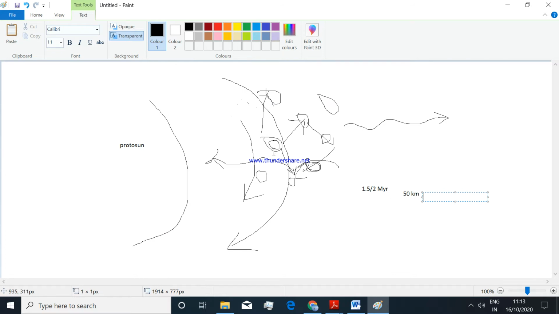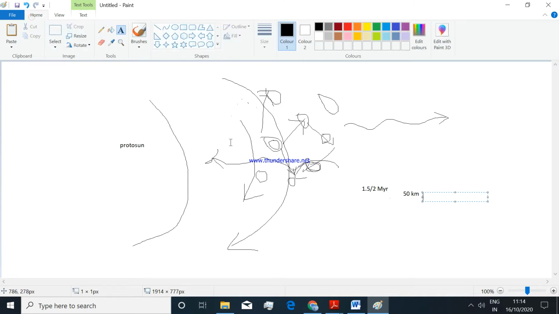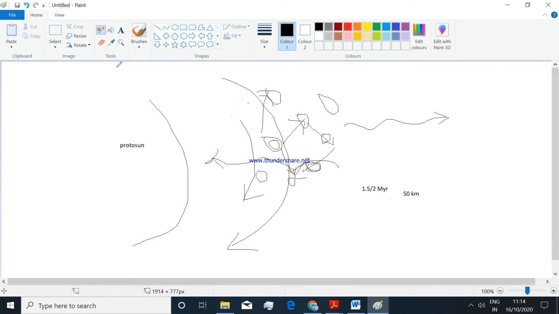However, if I take a larger sized embryo, then the crusts will be smaller in size, and these crusts will be subjected to some superficial weathering processes by water vapor or other gaseous molecules.